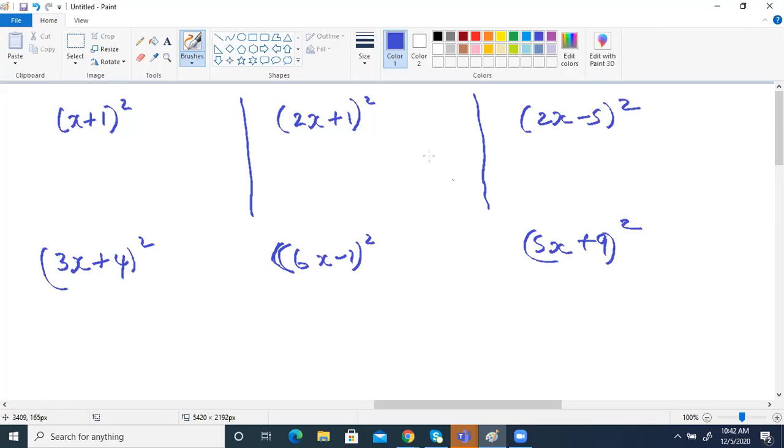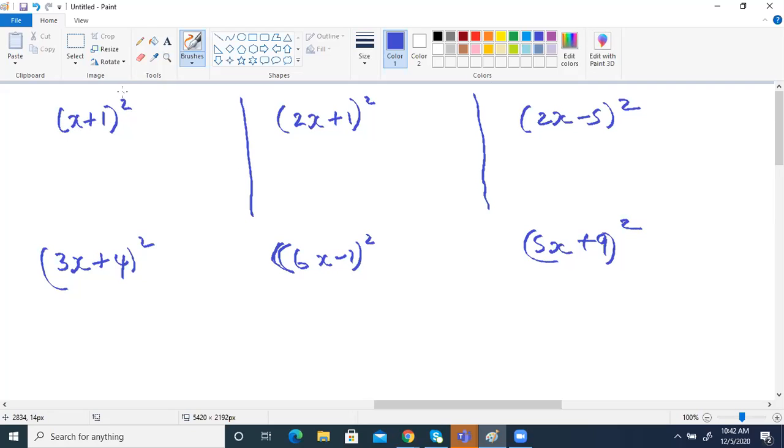All right. Anybody have any idea how to work these? Yes, sir. So what does square mean? You're going to multiply the same thing by the same.